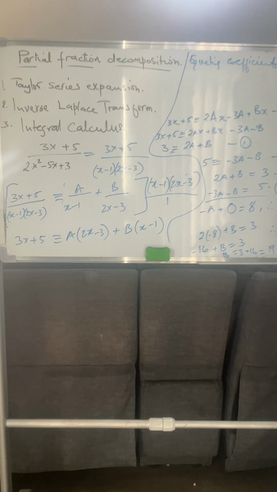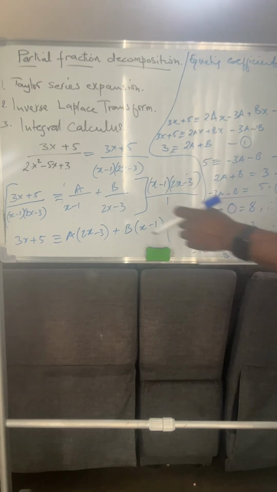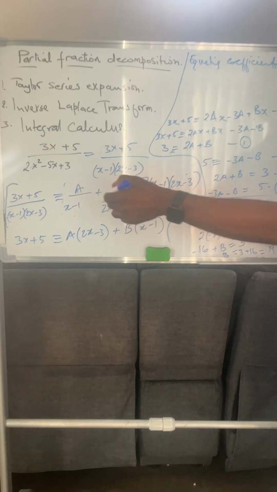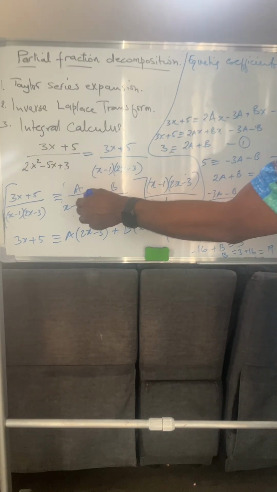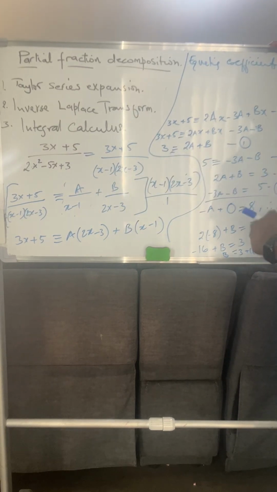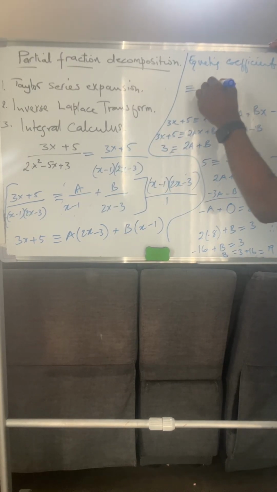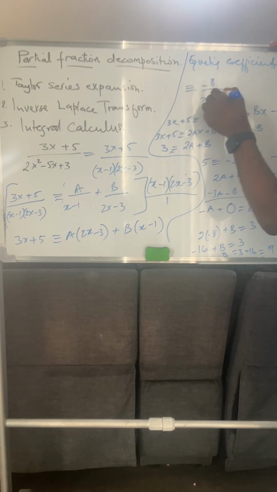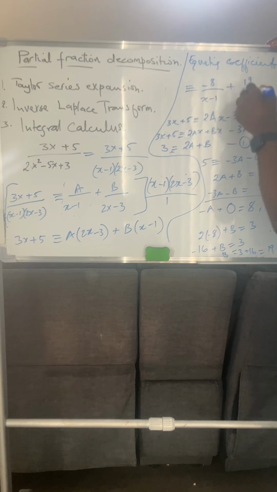So having found the values of a and b, you now come to this equation here to state your values. So you now know that when you decompose this function, which is equal to a over x minus 1 plus b over 2x minus 3, you will have minus 8 all over x minus 1 plus 19 all over 2x minus 3.